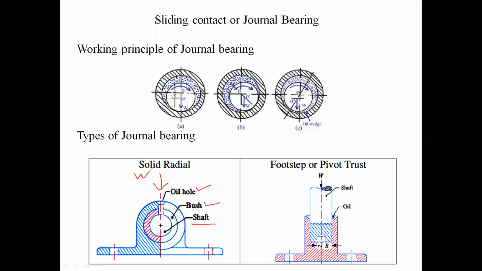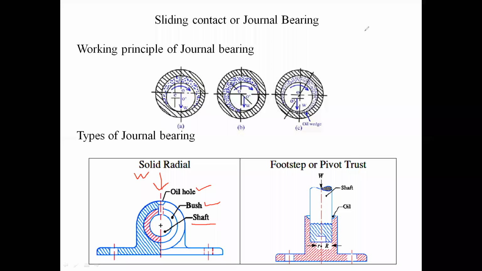Okay, so this is the first kind of journal bearing. This kind of journal bearing you will find in our lathe machine. A very simple example we can say. There is an oil hole. You can put some oil inside that. The slider is sliding. Such a type of simple journal bearing is used.